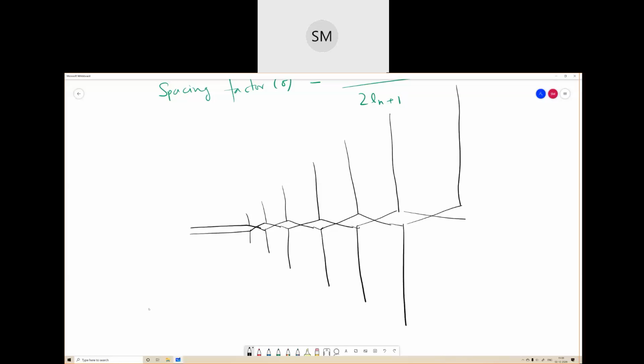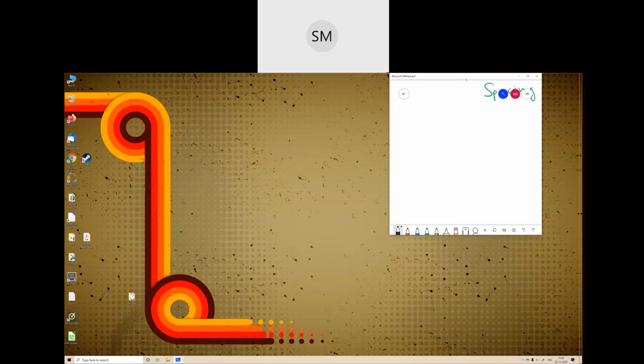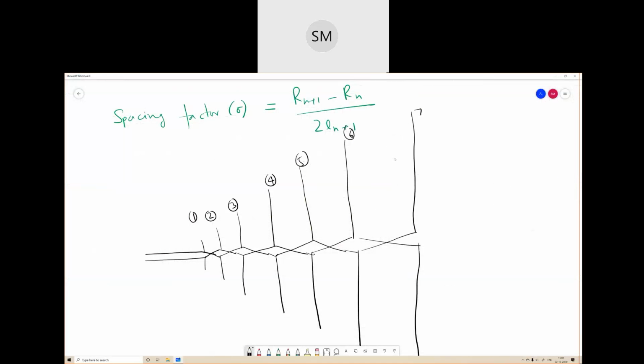Let us assume that the frequency is in mid range. This is 1, 2, 3, 4, 5, 6, 7. Say that element 4 is at the resonant length.